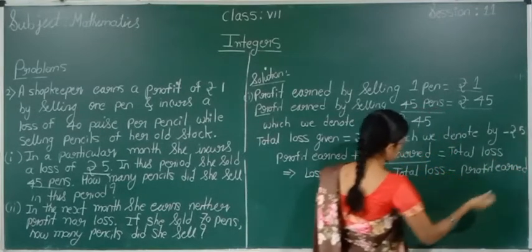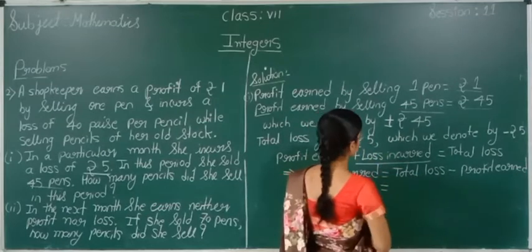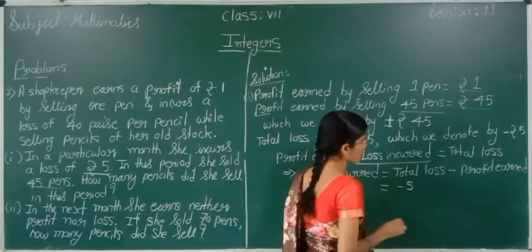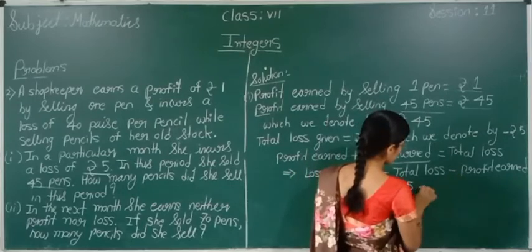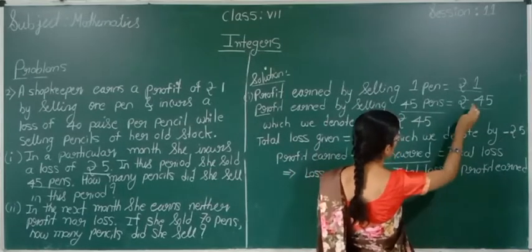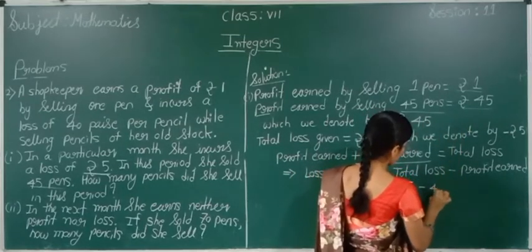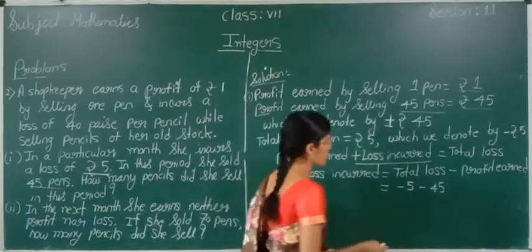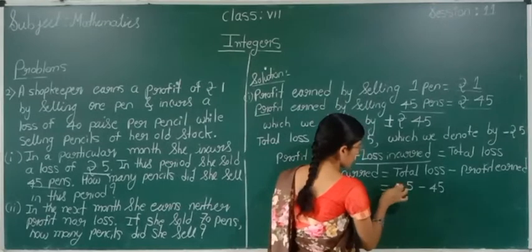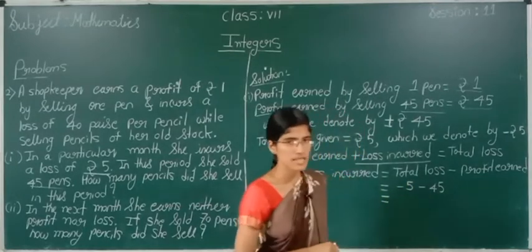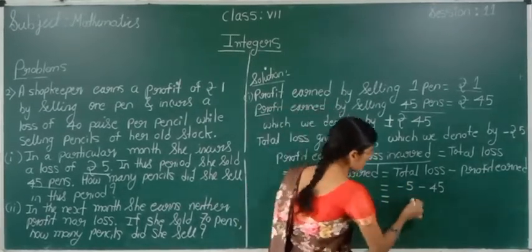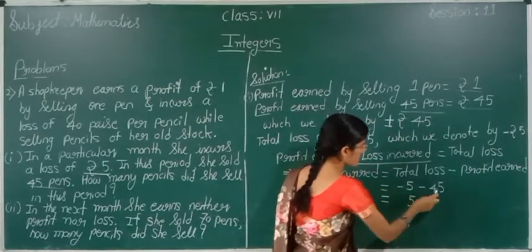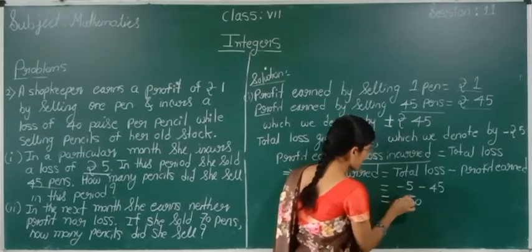What is the total loss? Total loss is minus 5, right? Here minus. What is the profit earned? Profit earned is rupees 45. Now what is the loss incurred? Minus is plus. 45 plus 5 is 50. Which is the bigger number here? 45. 45 has a minus sign, right?